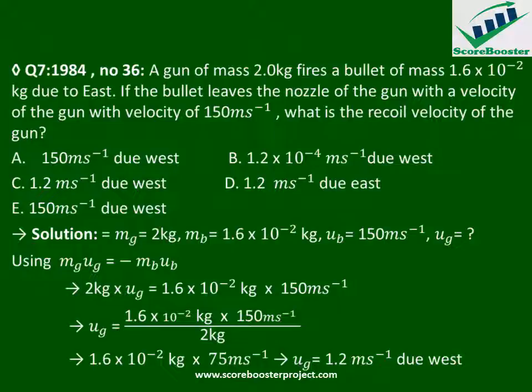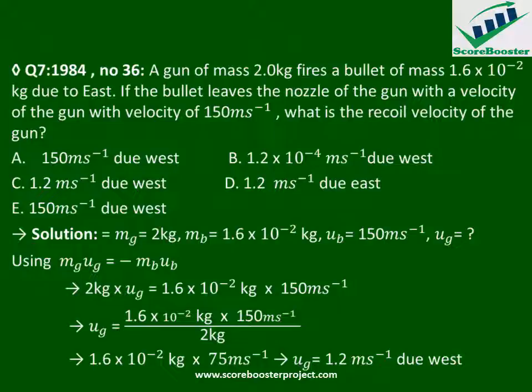Then you are given option A to be 150 meter per second due east. Option B is 1.2 times 10 raised to power minus 4 meter per second due west. Option C is 1.2 meter per second due west, while option D is 1.2 meter per second due east. Option E is 150 meter per second due west.